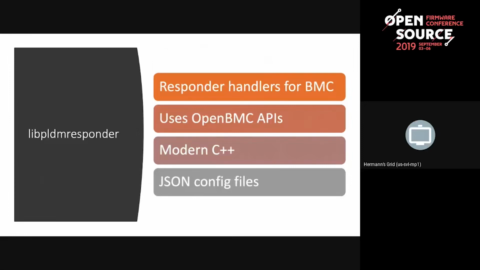So if the BMC has an incoming PLDM request message to read a certain temperature, this library would have a handler that maps the PLDM sensor-based constructs to how sensors are natively implemented in OpenBMC, which could be something on the D-Bus or a sysfs entry, for example. So this library has the handlers for transforming PLDM constructs to OpenBMC constructs and to form response messages and send them back to the requester.